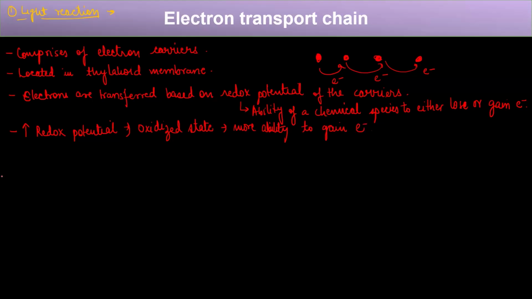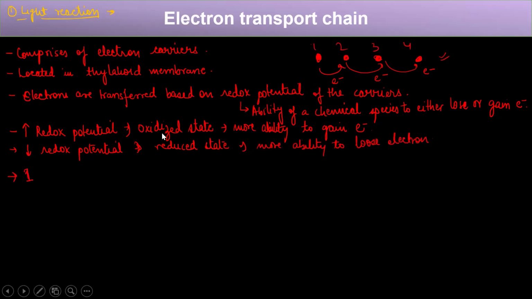So if a chemical species has a higher redox potential, it has more ability to gain electron. And vice versa, if it has low redox potential, it is in the reduced state.